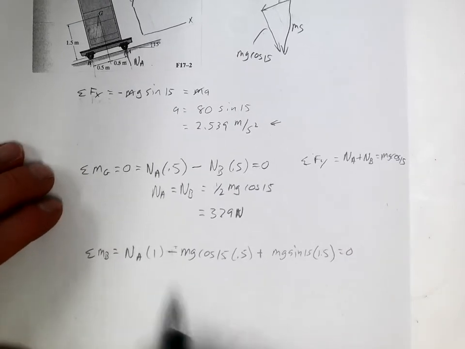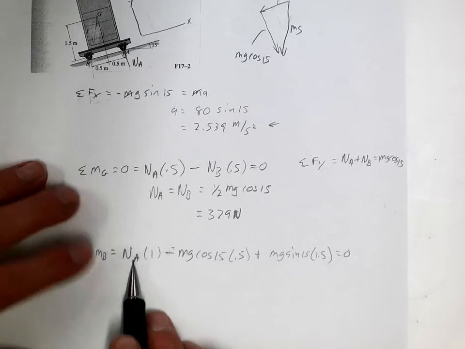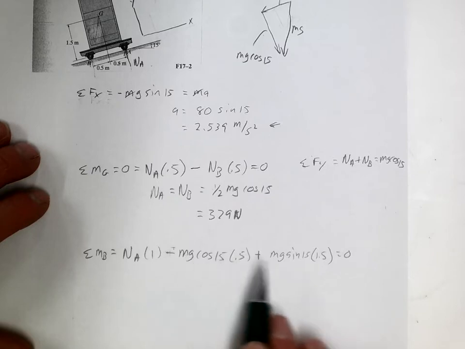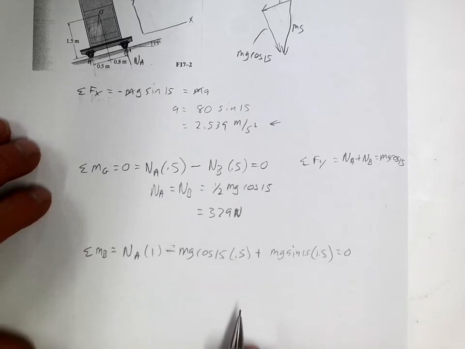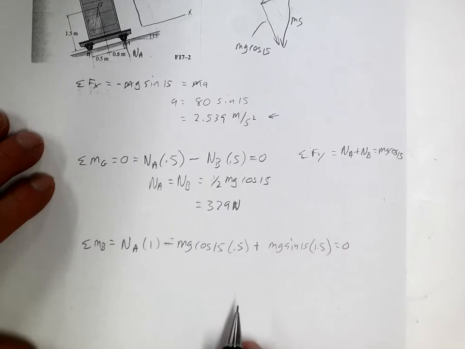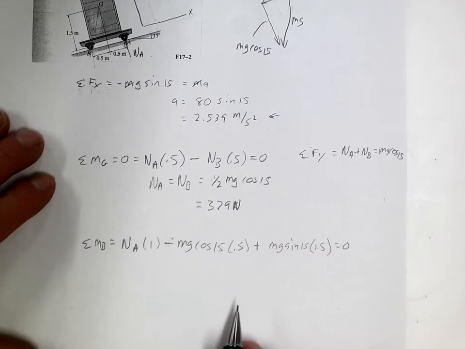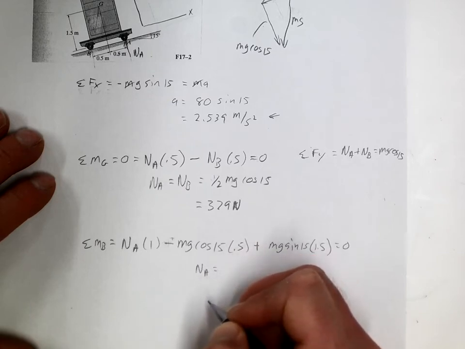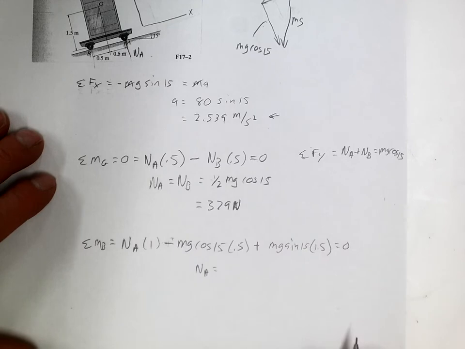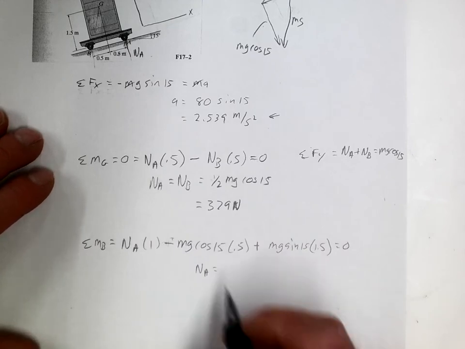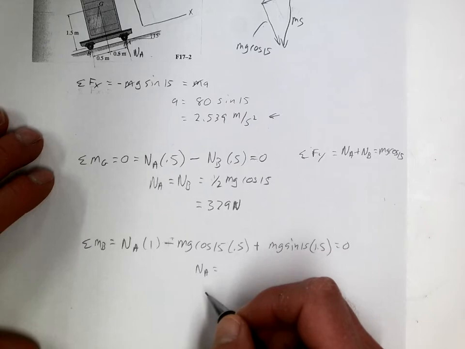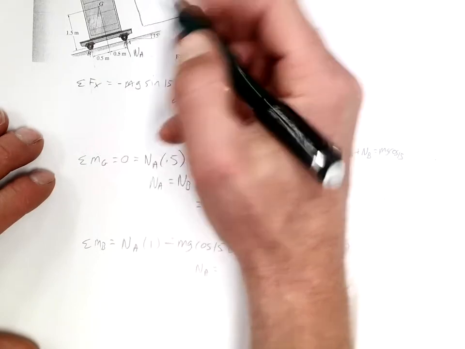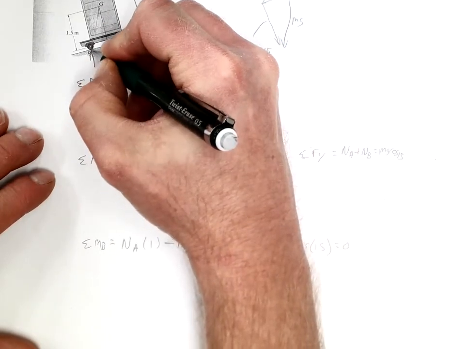Now if we substitute in all the numbers for NA, we don't know NA, and we know mg, if we put all that in, we get NA is equal to, oh, sorry, I summed it about B. So let's do NB.